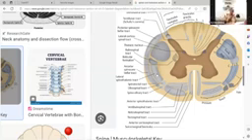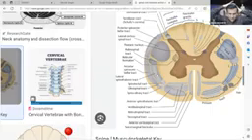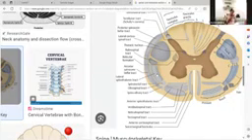Then the internal capsule connects the cerebrum to the midbrain. The midbrain is the second part. Next to the midbrain there is the pons, which is part of the brain. Below the pons there is the medulla, and from the medulla the spinal cord starts.